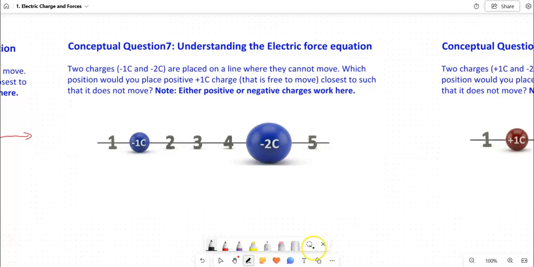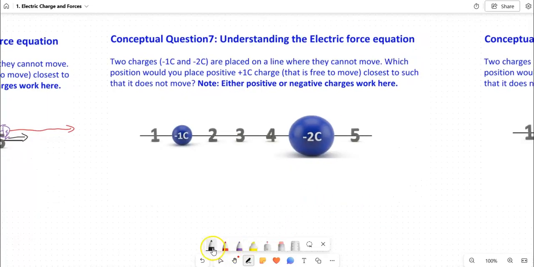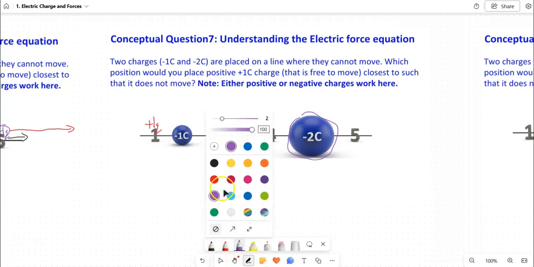Okay, so starting with the same format that we just did, I'm going to put a red positive Q charge right here. I'm going to call this one purple, and I'm going to call this guy blue.